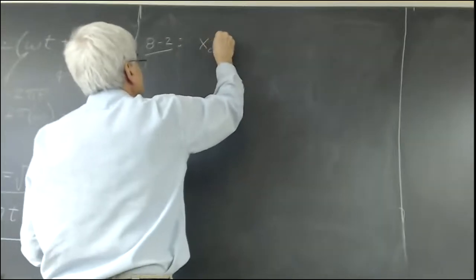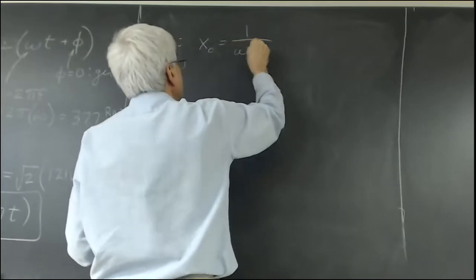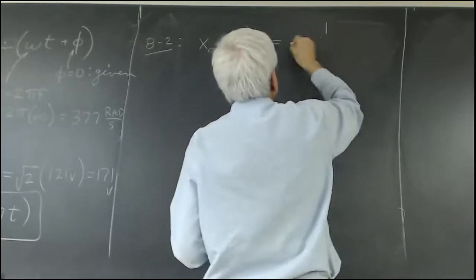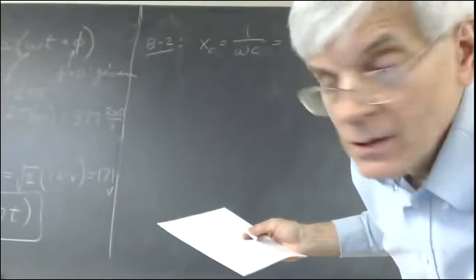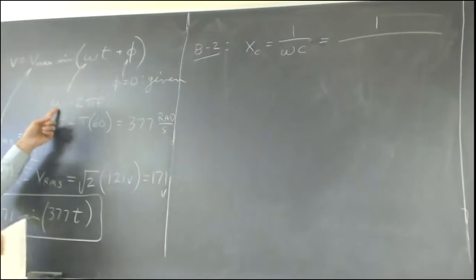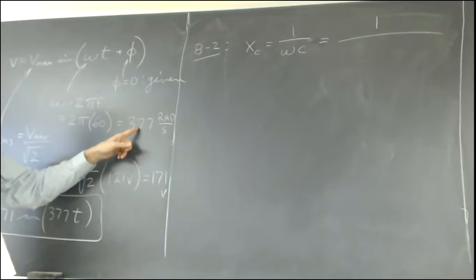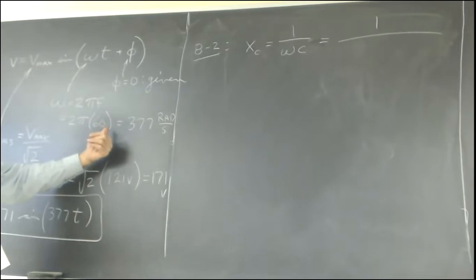X_C equals 1 over omega C, which equals... actually, I already did an example once where you calculate omega for 60 hertz house current. It's 377 radians per second. So if this wasn't already sitting here for us to look at, you'd have to calculate 2 pi f.